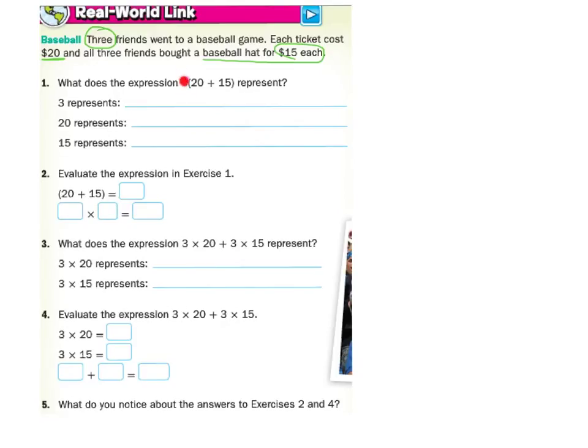So the 3 out here in front represents the friends. The 20 represents the cost of the ticket. And the 15 represents the cost of the hat.